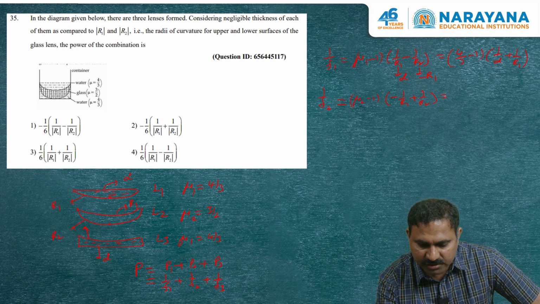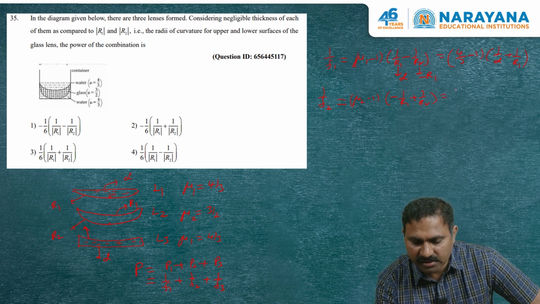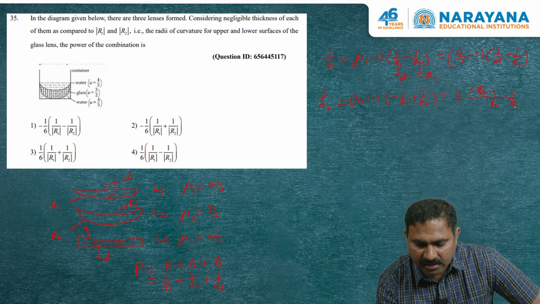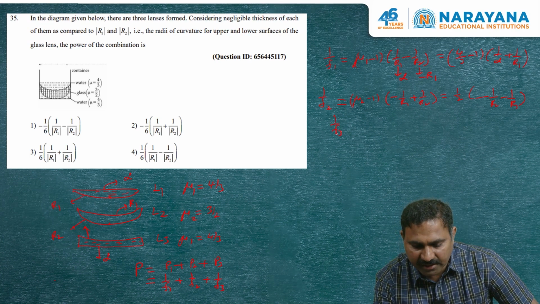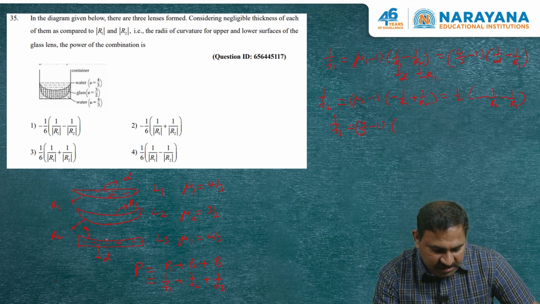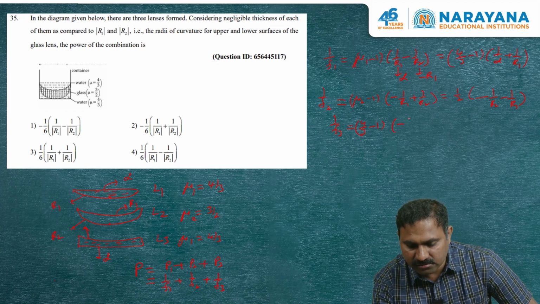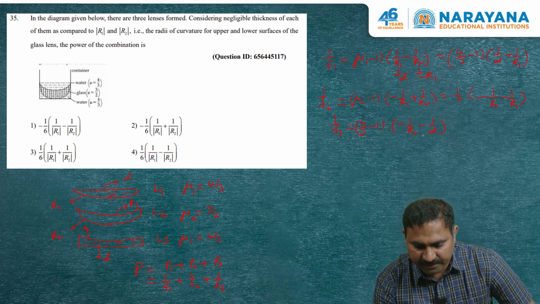The value of mu 2 is 3 by 2, so 3 by 2 minus 1 is 1 by 2 times (1 by R2 minus 1 by R1). Similarly, 1 by F3 can be written as (4 by 3 minus 1) into, in this case R1 is minus R2, so this is minus 1 by R2, minus R2 is infinity.